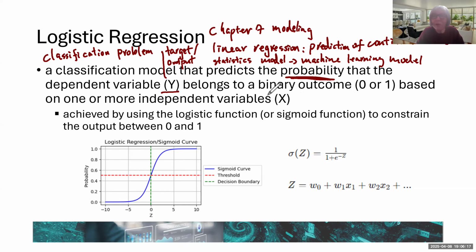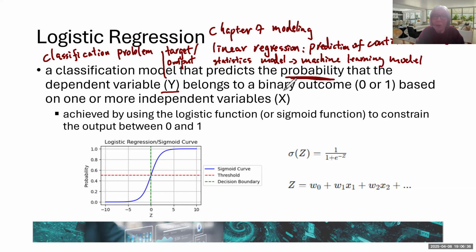If it is a multiple class classification, then it's not just, so you have more than two classes to classify. Okay.